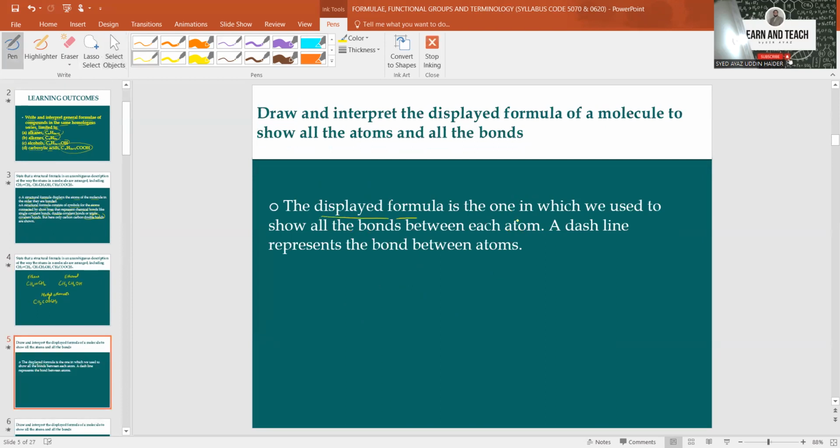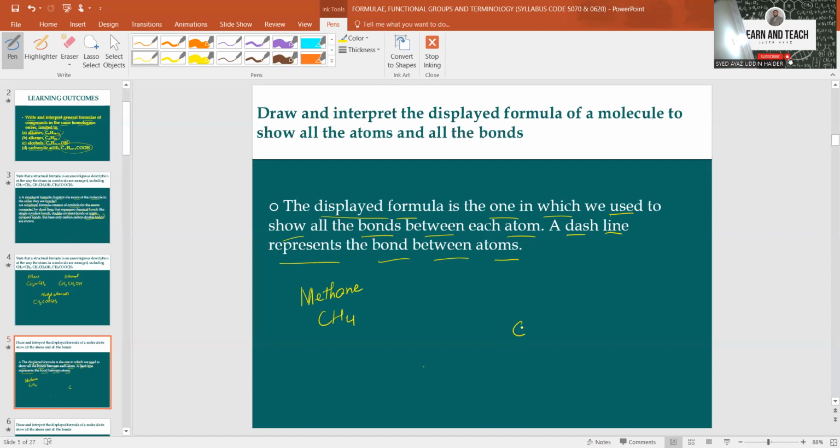The displayed formula is the one in which we show all the bonds between each atom. A dashed line represents the bond between atoms. For example, methane. Recall the molecular formula of methane. This is CH4. We have only one carbon atom, so I am going to show the carbon atom in the middle.